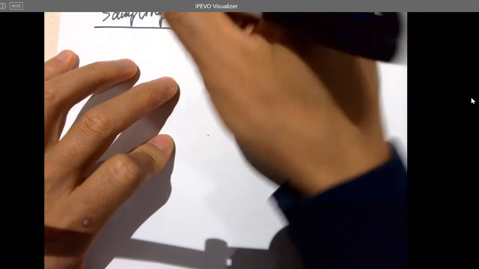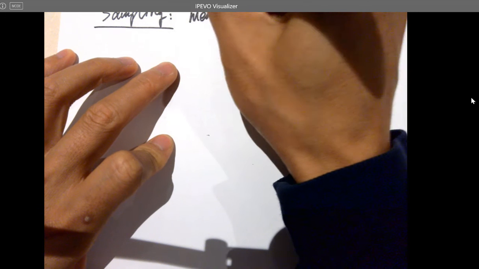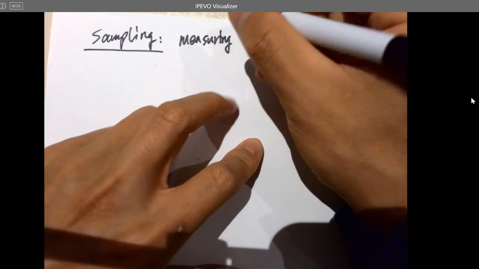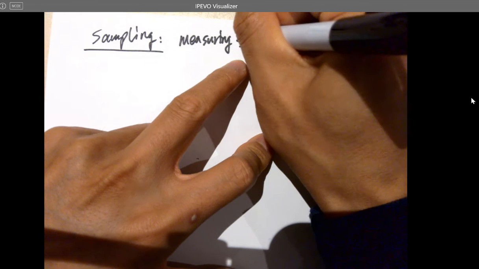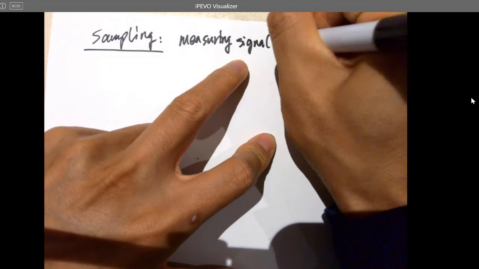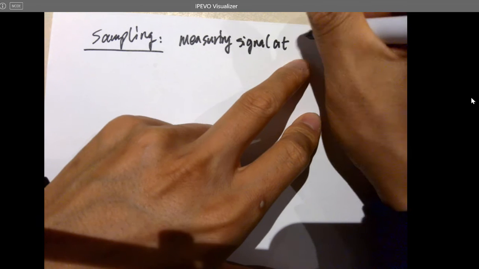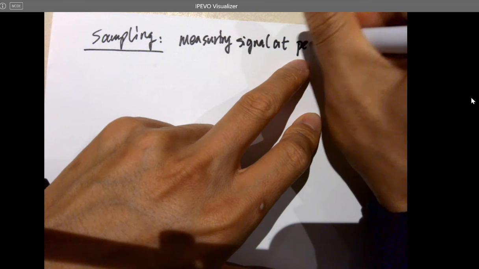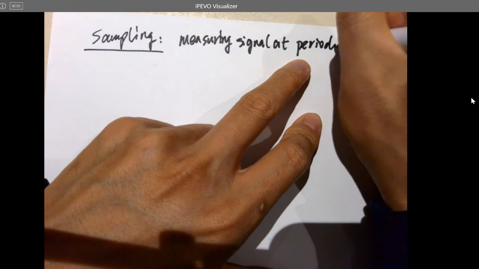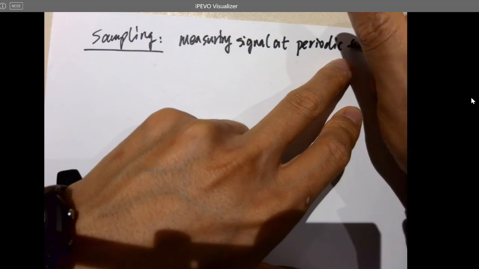Sampling means measuring a signal at periodic time intervals.